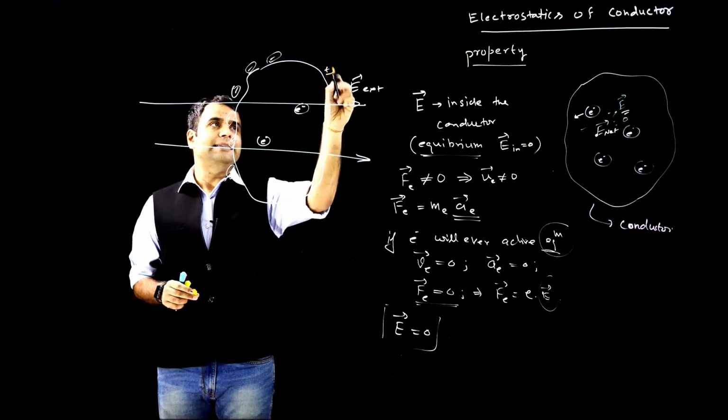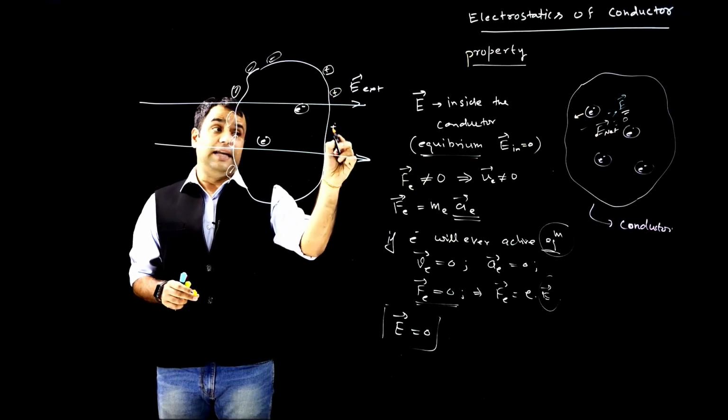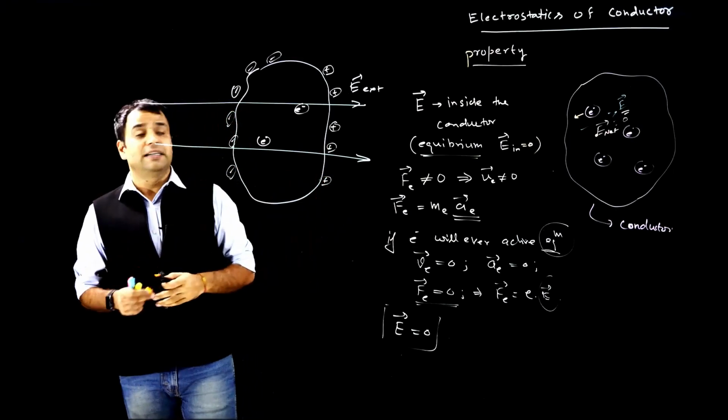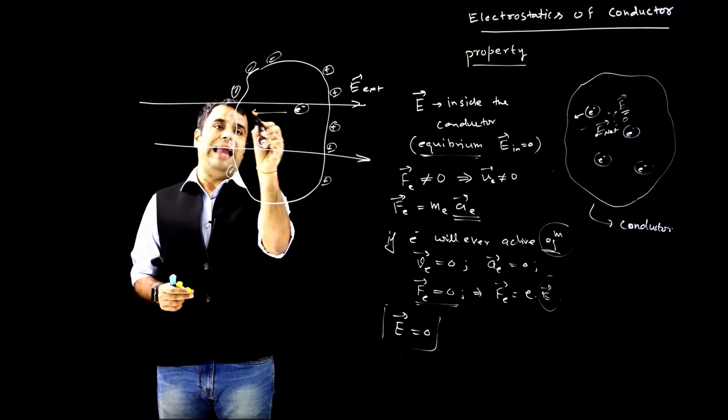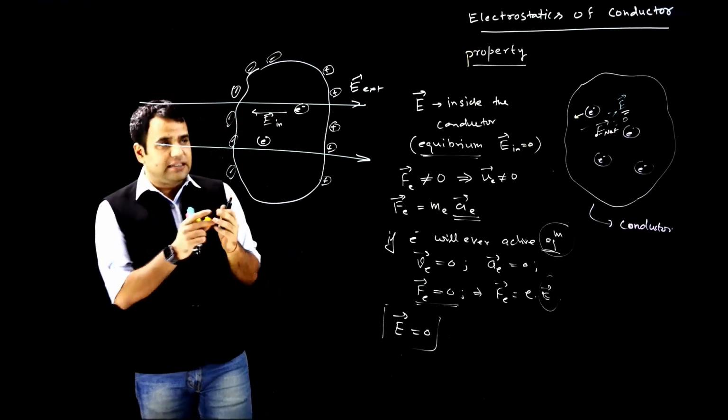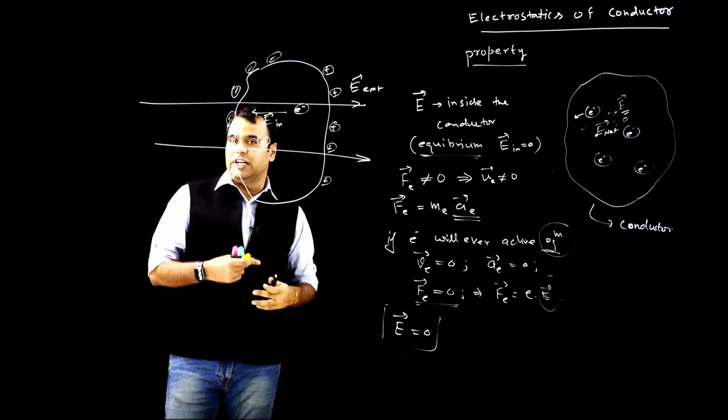And due to the redistribution of charges inside the conductor, obviously, this redistribution of charge will generate its own electric field. I'm calling that field E, the field which is generated by the inside charges.